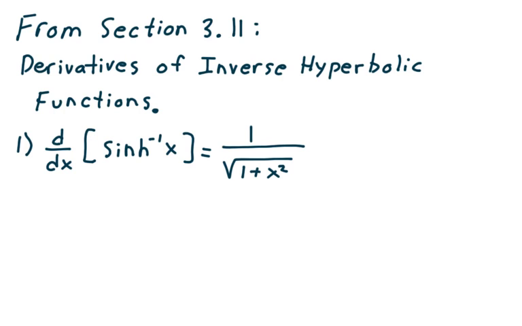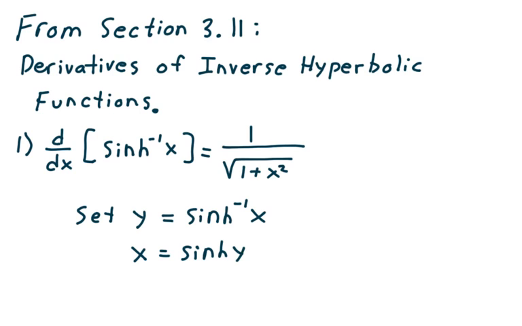Now, let's look at why that's true. Set y equal to inverse hyperbolic sine of x. So x is equal to hyperbolic sine of y. Now, what we want to do is differentiate x equals hyperbolic sine of y with respect to x.